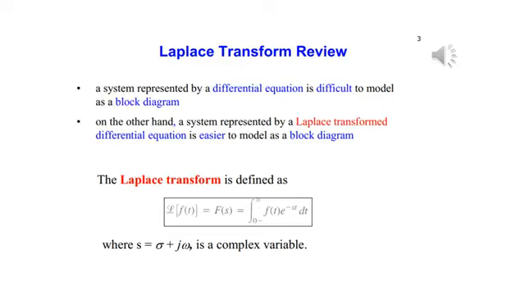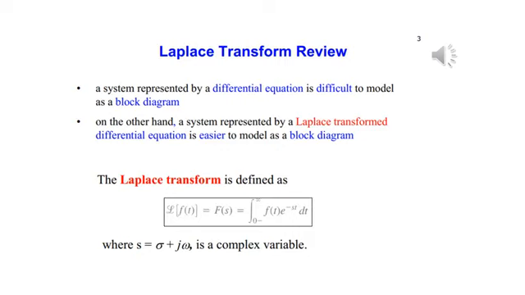The Laplace transform is defined as: Laplace transform of f of t is equal to F of s, where s is sigma plus j omega, and sigma is the real part of that complex number and omega is a frequency. That is equivalent to integration from 0 to infinity f of t e raised to power minus st dt.